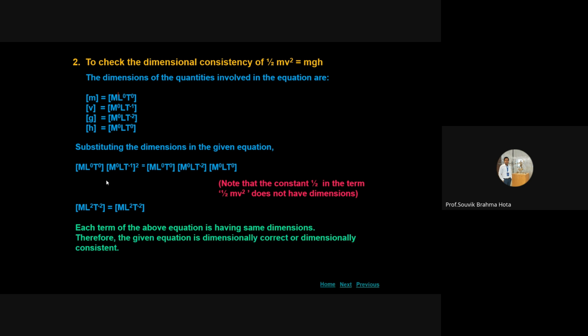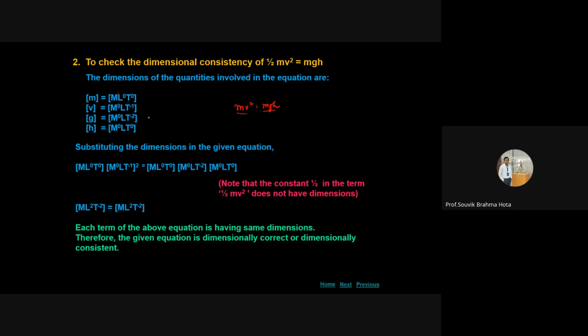Again, another concept is there. In place of half mv square is equal to mgh, if I write mv square is equal to mgh, though these two sides are dimensionally consistent, the equation is not correct, because mv square doesn't have any meaning. It should be half mv square, because you know the formula for kinetic energy.